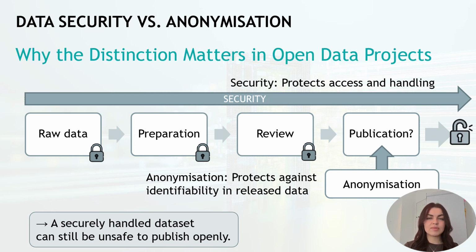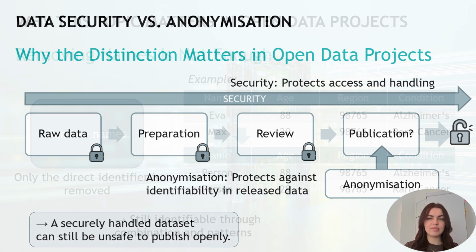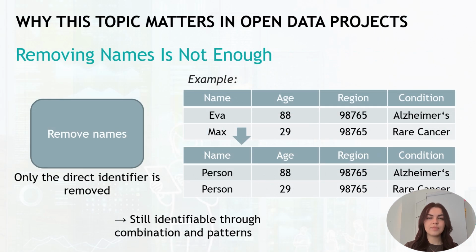That distinction becomes easier to grasp when we look at one of the most common misconceptions in practice. Removing names does not necessarily remove identifiability. Here, the names are gone, but the records may still point to real people. That is because identifiability can remain in this case in the combination of age, location, and condition.